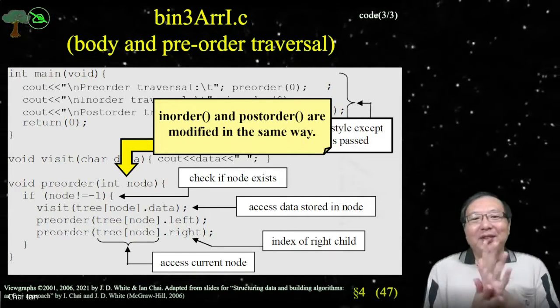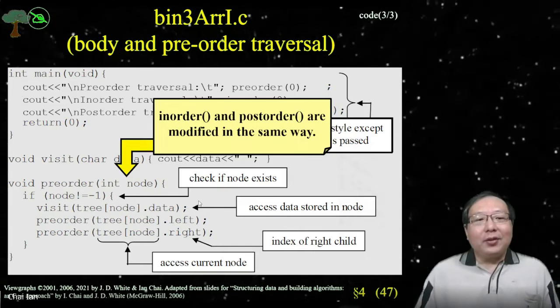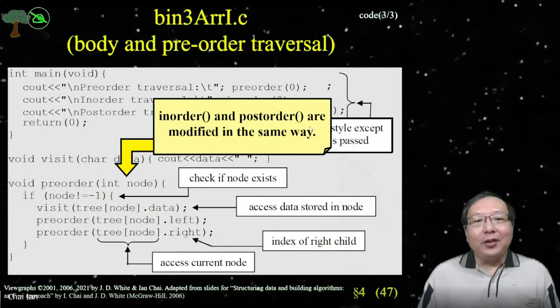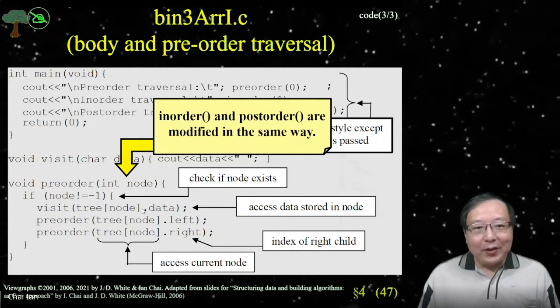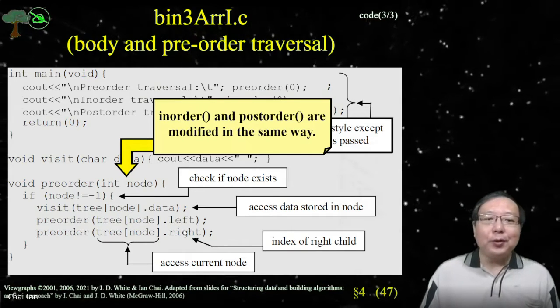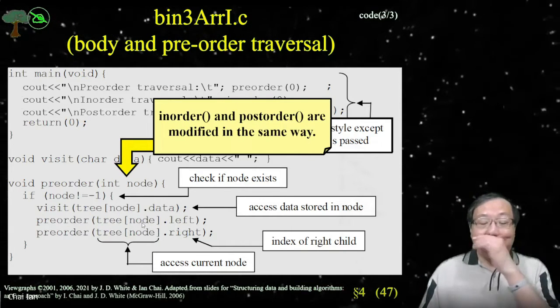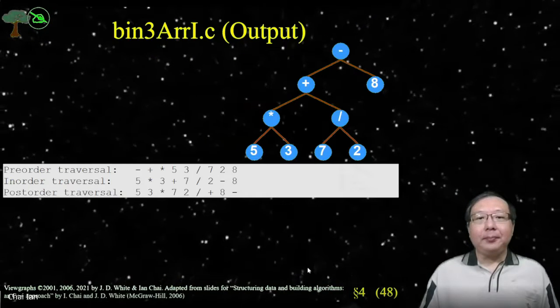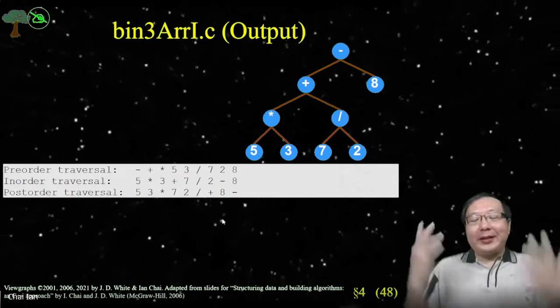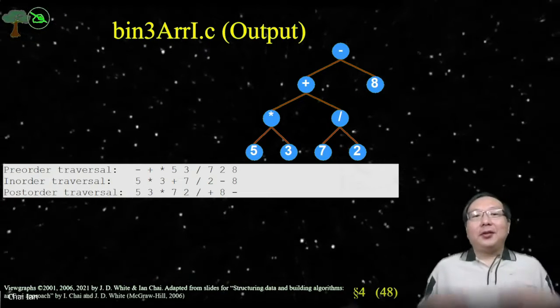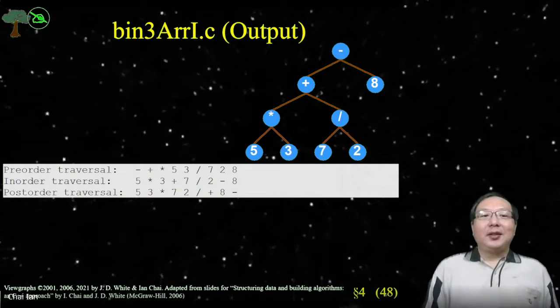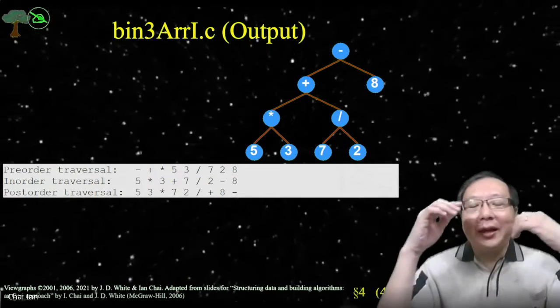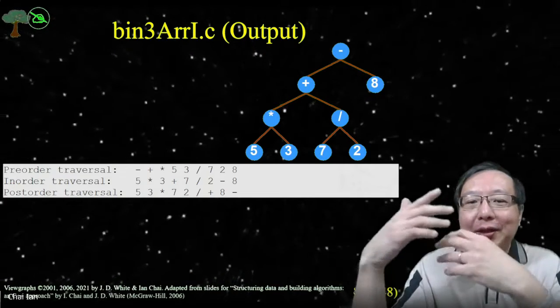So anyway, to do the same functions for in order and post order, you just make the same modification. Turn all those pointers into indices into the tree, into the array. Okay. So the output looks exactly the same because after all, this is a data structure and we are telling you what it should do.